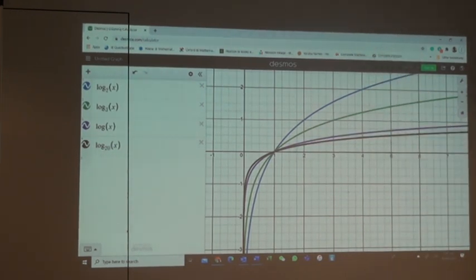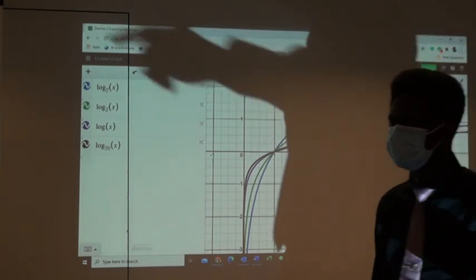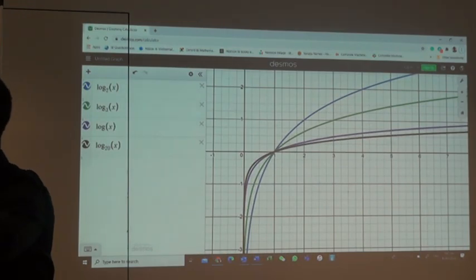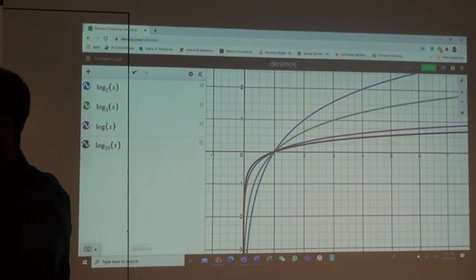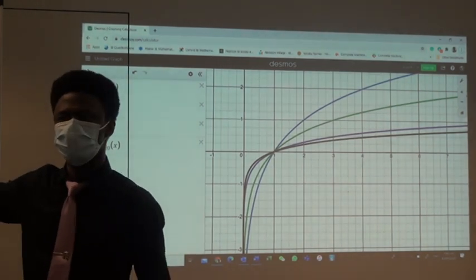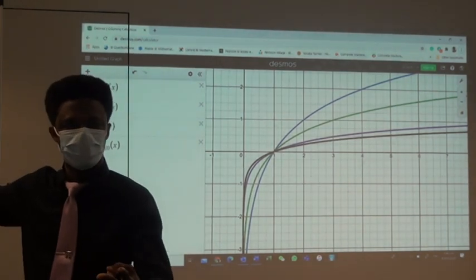Yes, ma'am? Because whatever power A is raised to, it would give a negative value. Say that again. Whatever power A is raised to, it would give a negative value. There are 2 ways you can defend that.